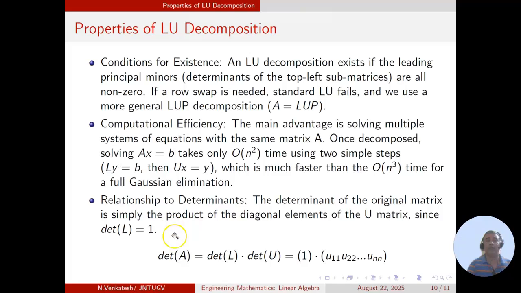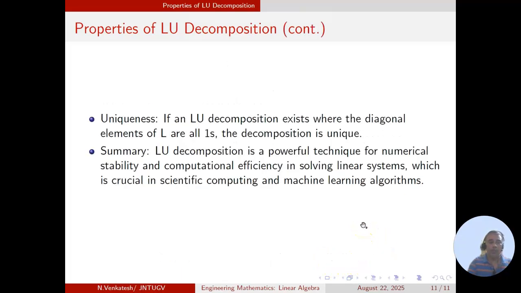So the determinant of A is determinant of L into determinant of U, and as we know, the determinant of L is 1 because all the main diagonal elements of L are 1, and the determinant of U is simply the multiplication of all the main diagonal elements, that is U11, U22, and so on, Unn. And if LU decomposition exists where the diagonal elements are 1, the decomposition is unique.